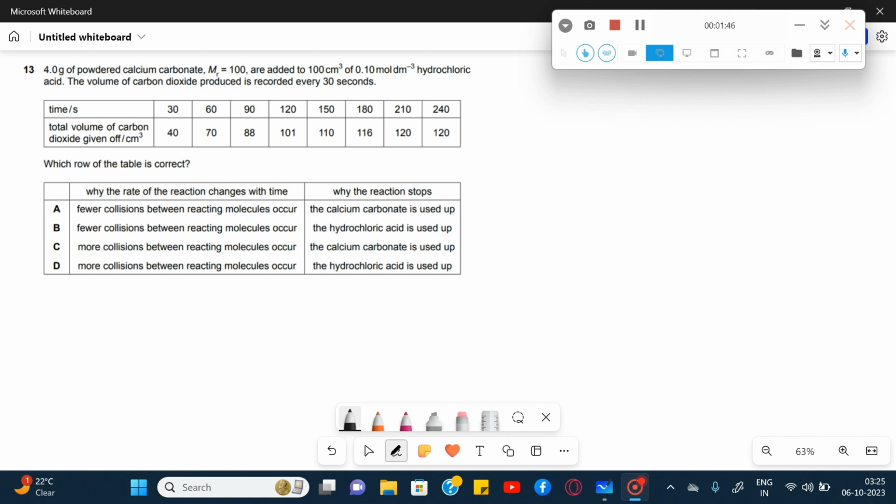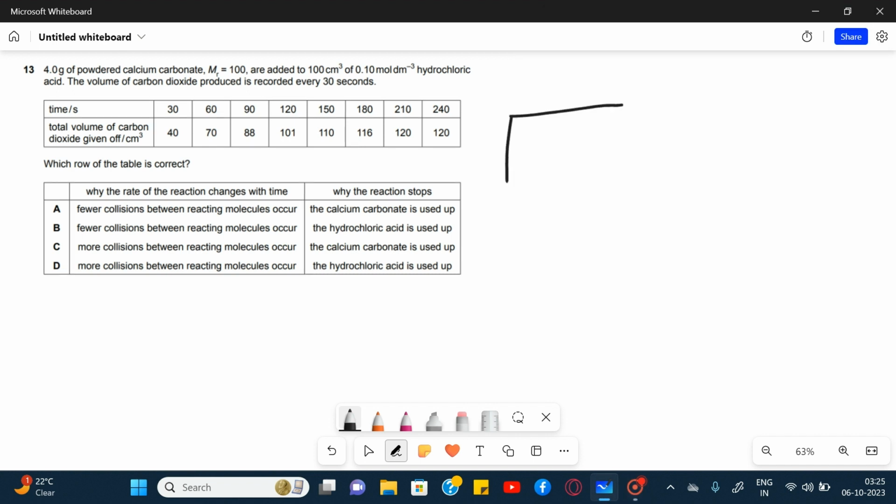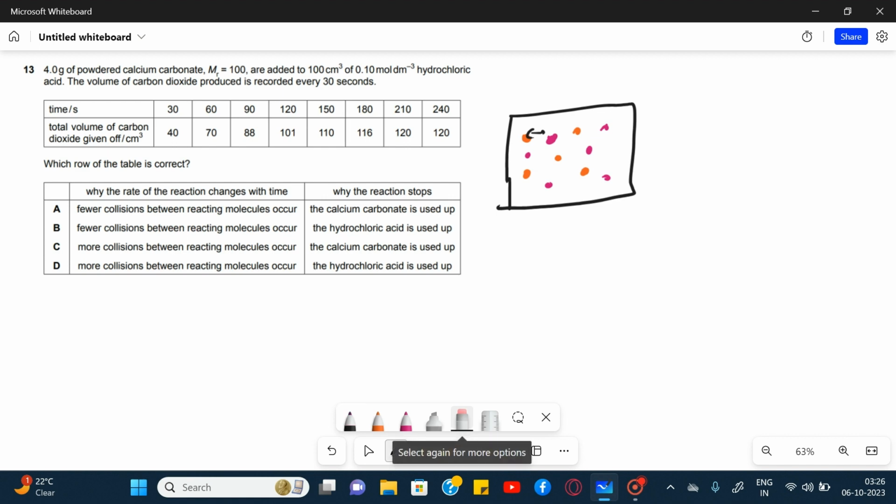So we know that whenever a reaction is taking place, let's say this is a container in which the reaction is taking place. These are the reactant molecules A, right? And these are the reactant molecules, let's say B. In any reaction, we know that they collide. These reactant molecules collide to form the product, right? So as the reaction proceeds, the reactants will be used up and products will be formed.